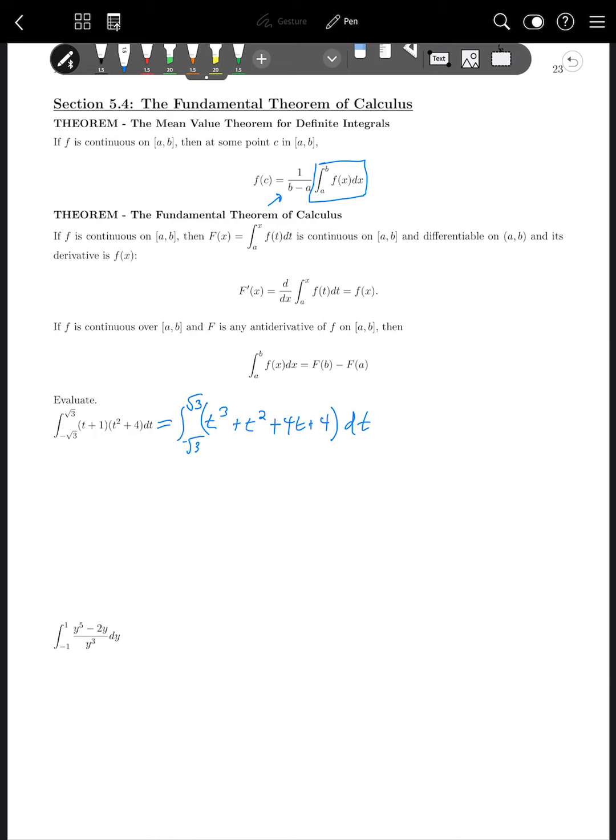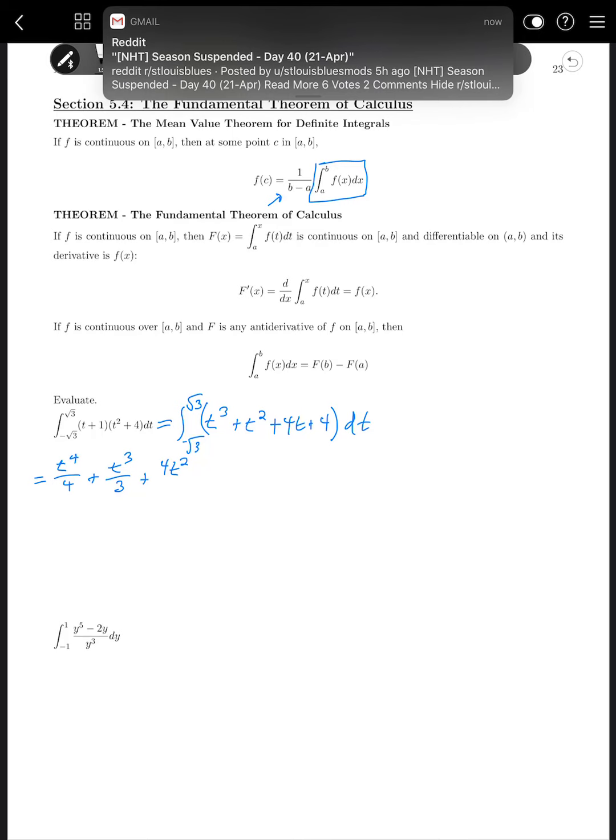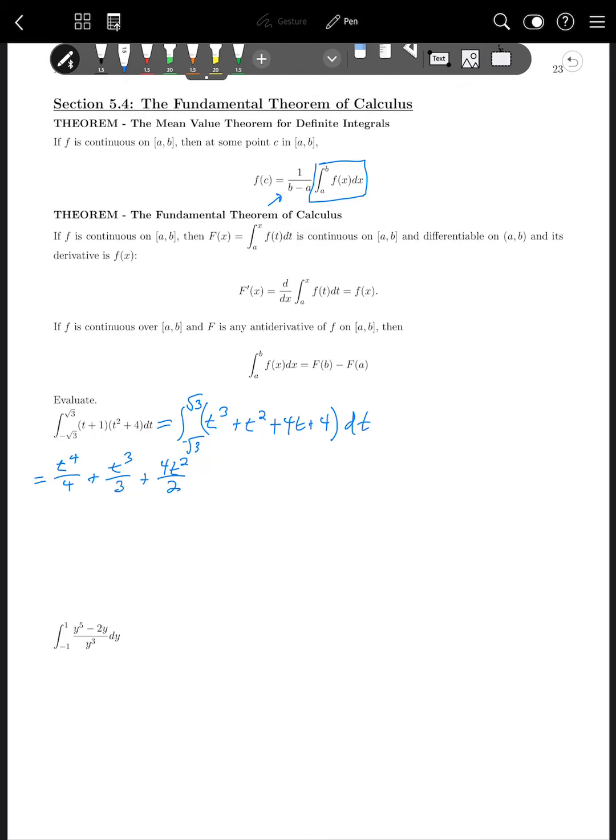Okay, so we can do that. The antiderivative of t cubed is t to the 4th over 4, right? I add 1 to the exponent and then divide by that new exponent. Plus the antiderivative of t squared is t to the 3rd over 3. The antiderivative of 4t is 4t squared over 2.